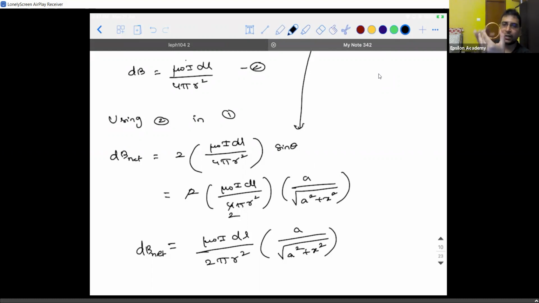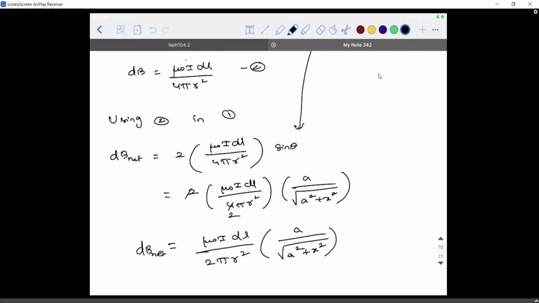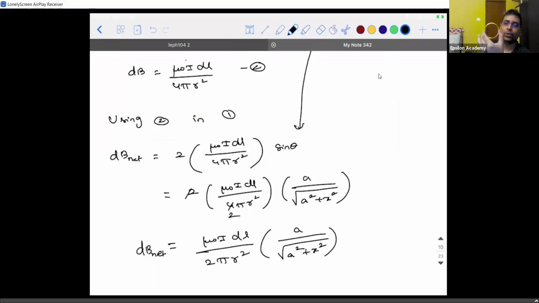Means each dl would have covered how much distance? pi r, because they are covering only half of the circumference. So whenever the number of dls are increasing, the integration limit will keep decreasing. For example, if I take dl here, here, here, and here, how much should I take the limit as? 0 to?